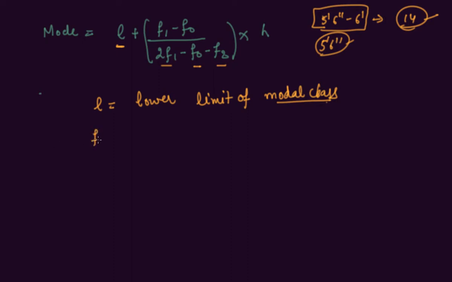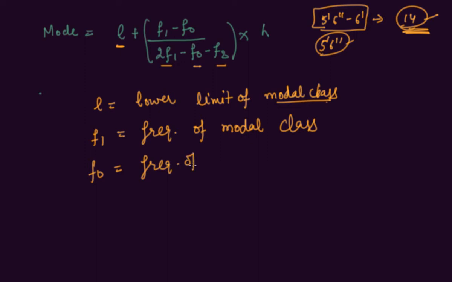So what is F1? It is the frequency of the modal class, which here will be 14. F0 is the frequency of the class preceding the modal class, meaning the class earlier than the modal class.